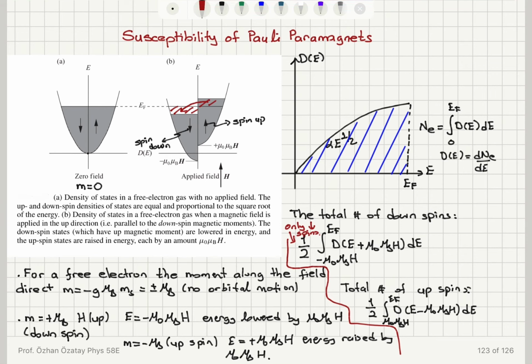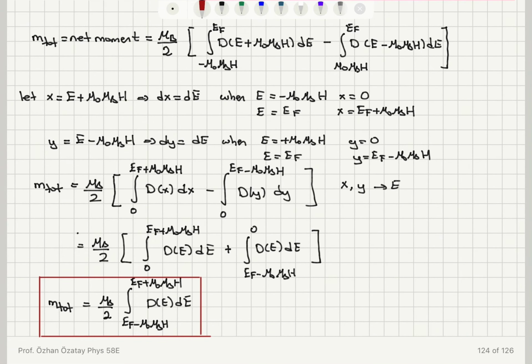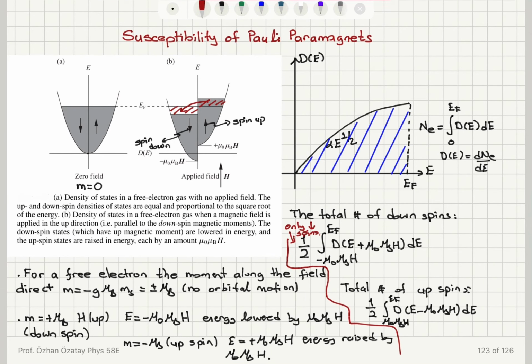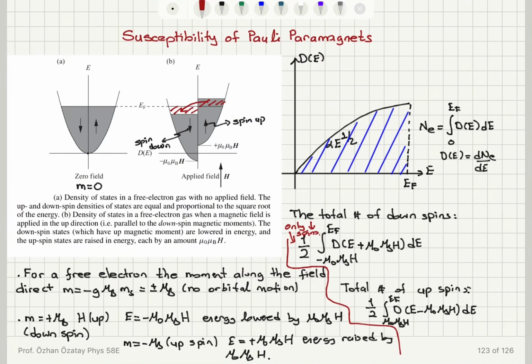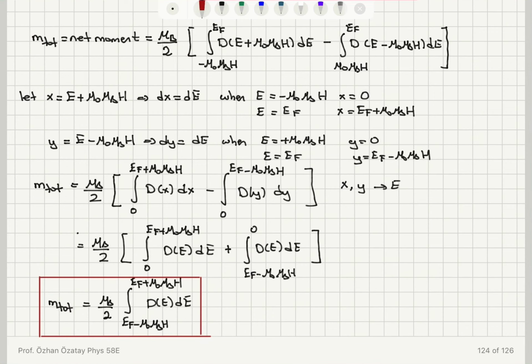So this region is basically flipping, and the net number of up spins is, because for each spin I have a Bohr magneton contribution, there is no orbital angular momentum to consider, mu B over 2 times the integral from minus mu 0 mu B H to E Fermi, that will be accounting for down spins, minus the integral from plus mu 0 mu B H to E Fermi, that will be accounting for the up spins.